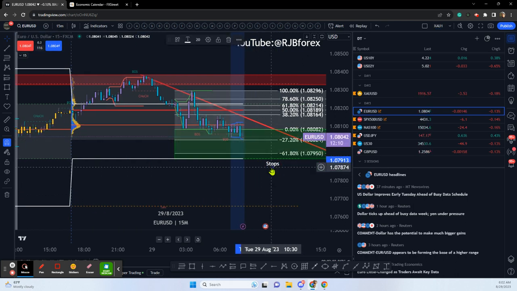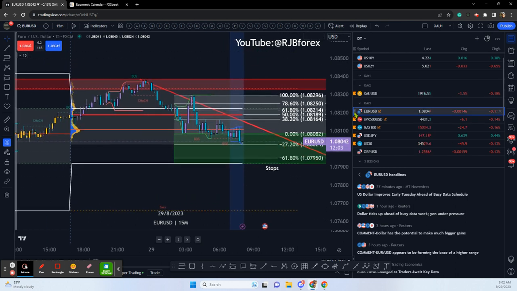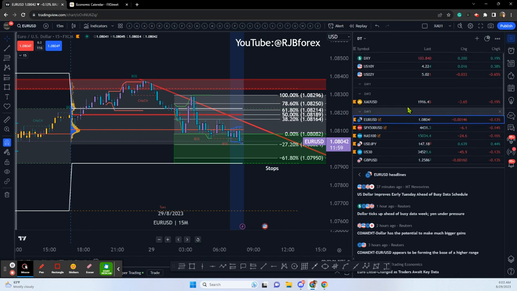We could have the pins into the stops and then a move up. That would be quite typical as well. Right, we're going to move on to gold.